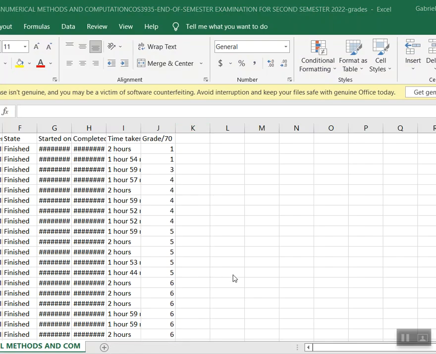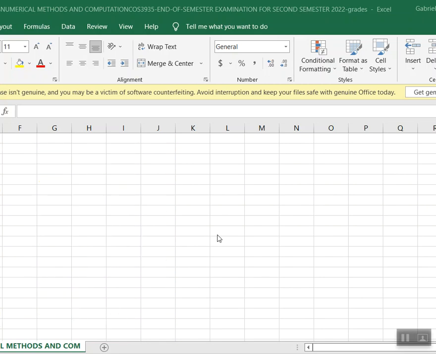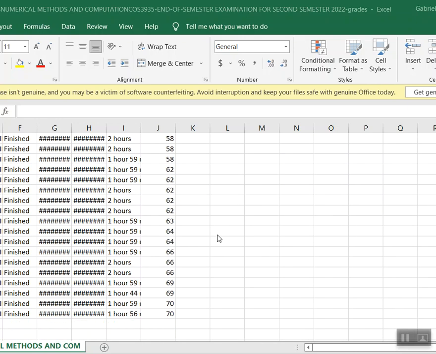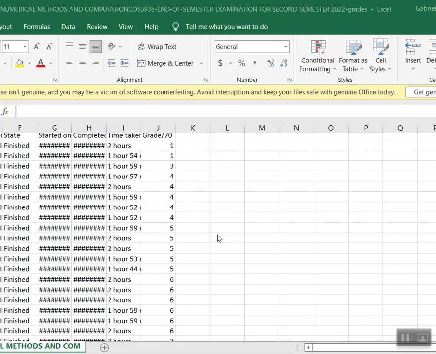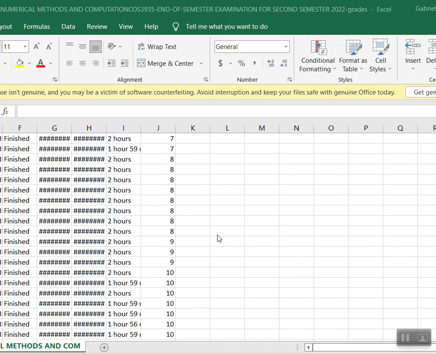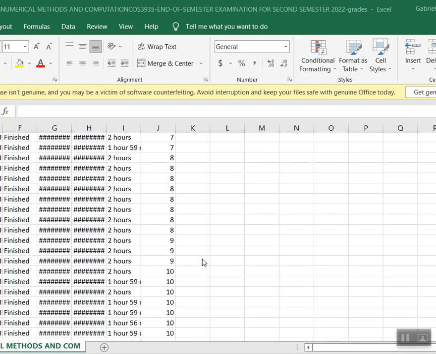So these are some Excel scores. Examination over 70, but from 1 people scoring, the highest is say 70, then the least is 1, but we want to push people from say 10. The least score will be 20. We forget about those others, but those at 10, the least score will be 20, and those at 70 should score around 66.